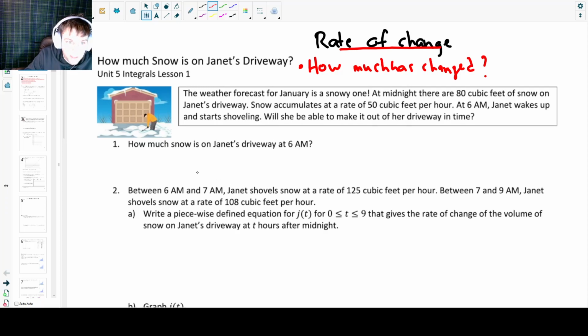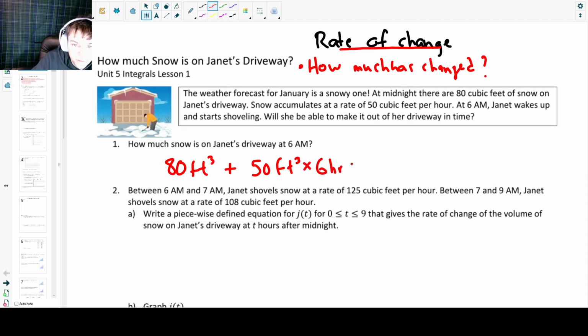All right, so how much snow is on Janet's driveway at 6 a.m.? So we have this idea that at midnight, it has a total amount of 80 cubic feet. And we also know that between midnight and 6 a.m. is 6 hours, and it is falling at a rate of 50 cubic feet per hour over a duration of 6 hours.